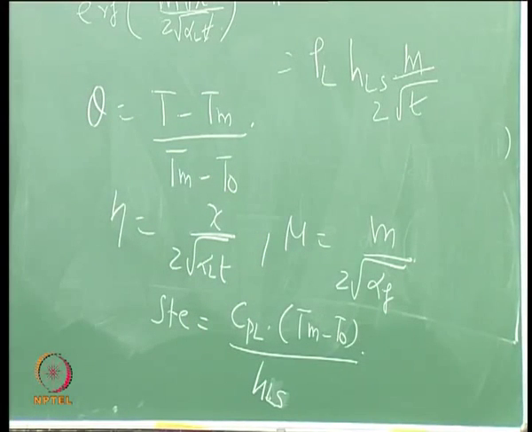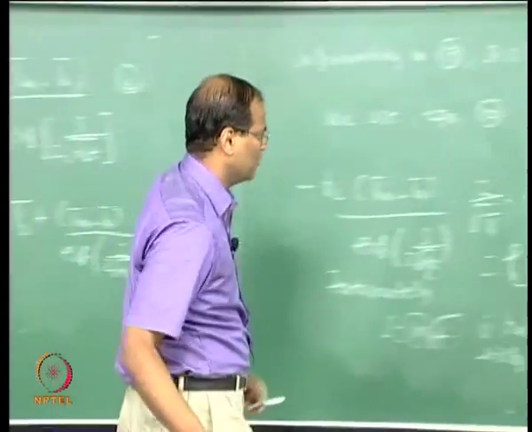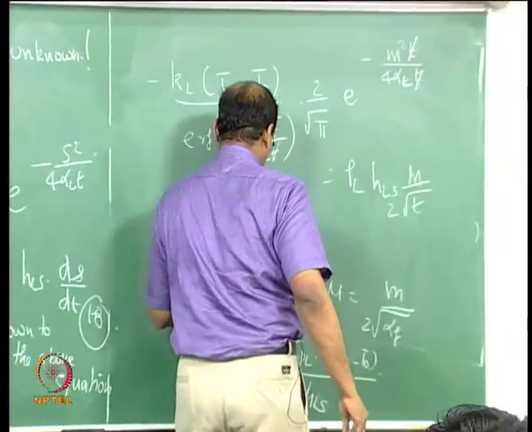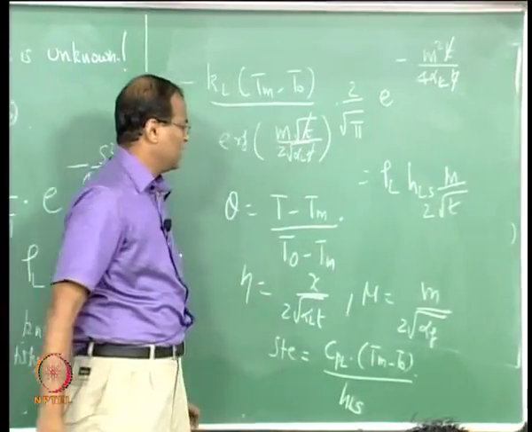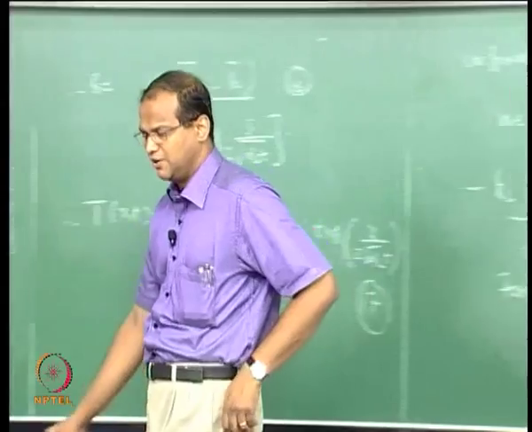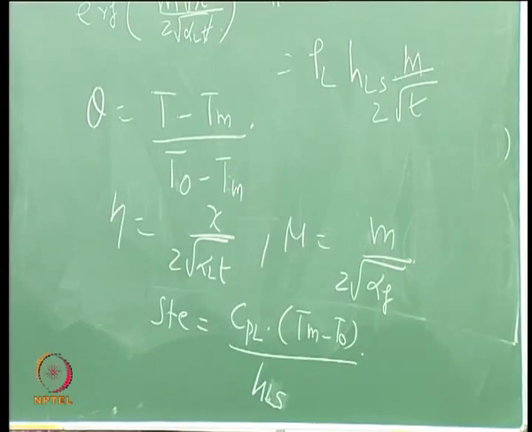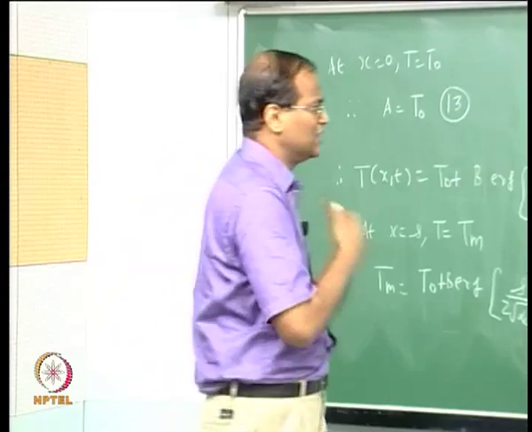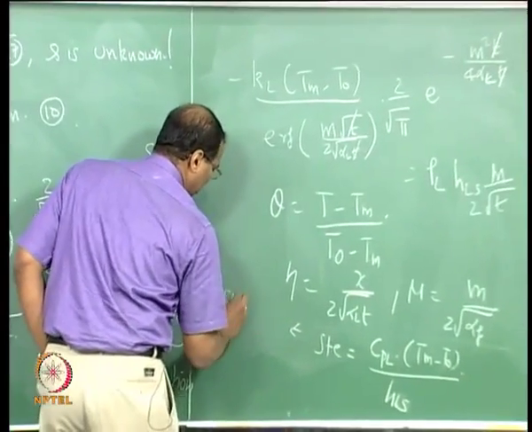We introduce 4 dimensionless parameters. Theta is T minus Tm by T naught minus Tm, the non-dimensional temperature. Eta is a similarity variable, mu is another non-dimensional variable which depends on m, and then the Stefan number, which is CPL Tm minus T naught by HLS. So this is the Stefan number.